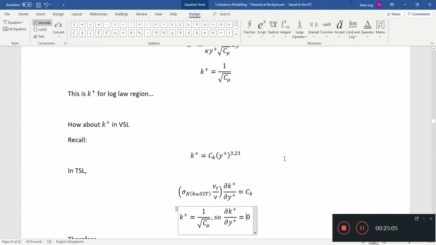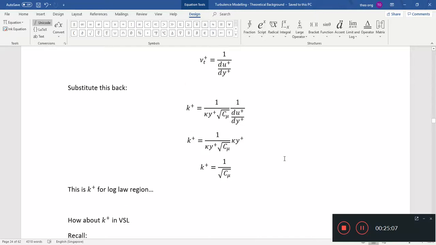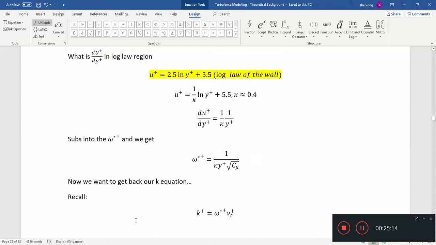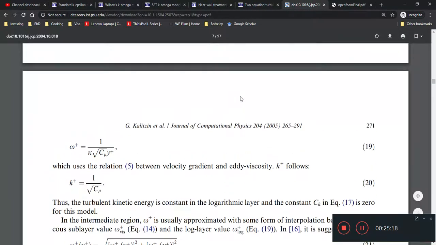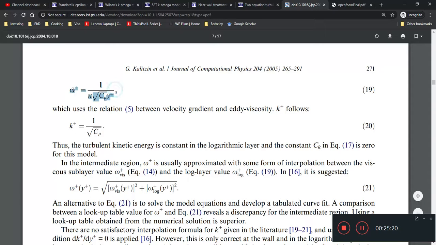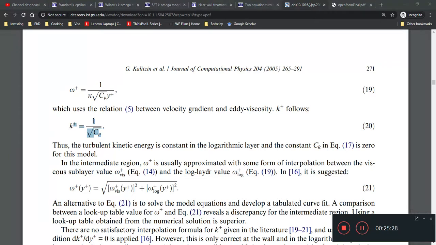I'm going to stop here. Hopefully this helps you to see where these equations come from. If you missed the calculations, just remember the rough concept about how we get omega plus and k plus for the boundary layers.